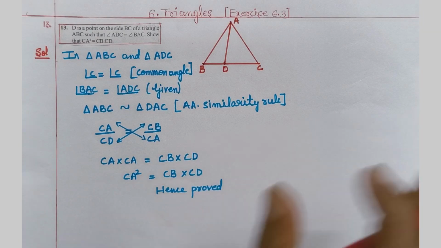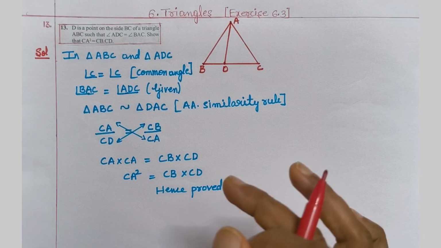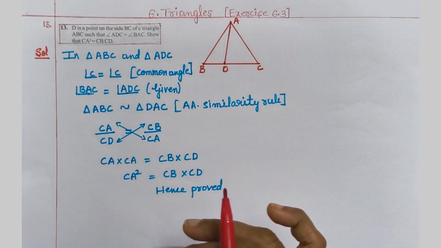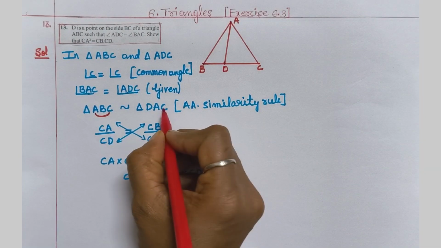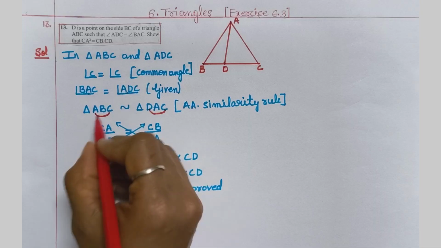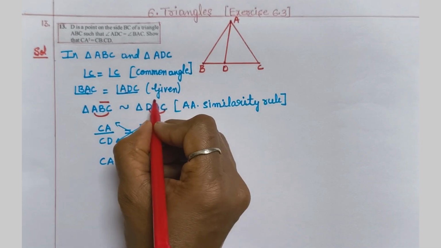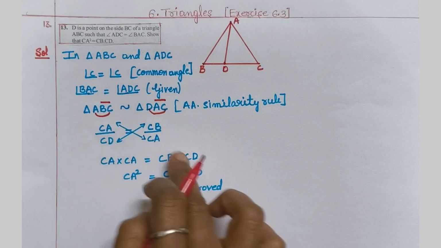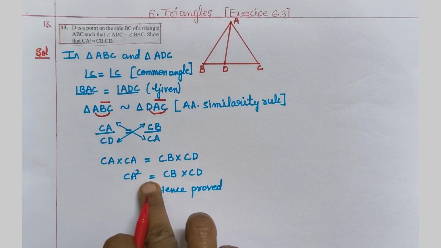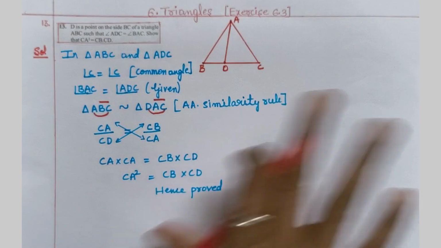Similar triangles means the sides are proportional, so CA by CD is equal to BC by CA. After cross multiplication, CA into CA gives CA square, next CB into DC. This is the proof.